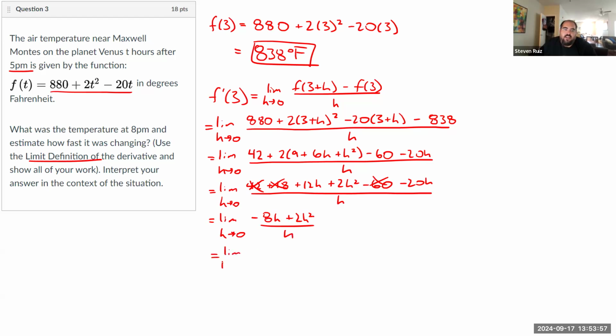Let's factor out an h from the numerator. So negative 8 plus 2h all over h. Now these cancel. So now I'm at a point where I can actually evaluate this by plugging in 0 to the remaining location of h. And what do I get? That's negative 8. So that's what the derivative is.